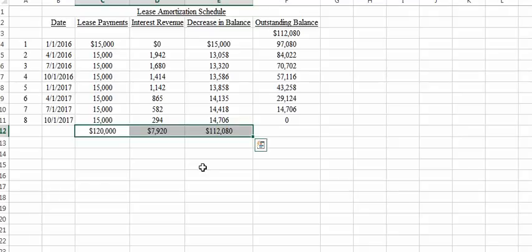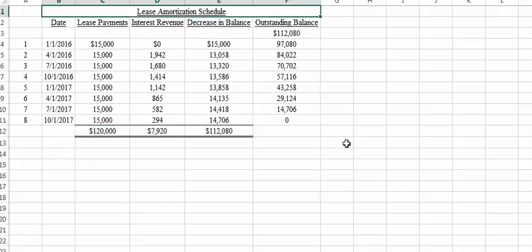I didn't see the point in calculating out the exact same lease amortization schedule. We're just looking at it this time from the viewpoint of the lessor if it was a direct financing lease. We're going to look at a sales type lease using the same information in the next exercise.